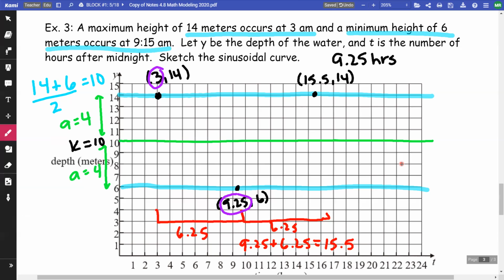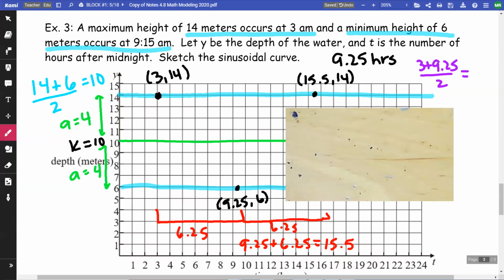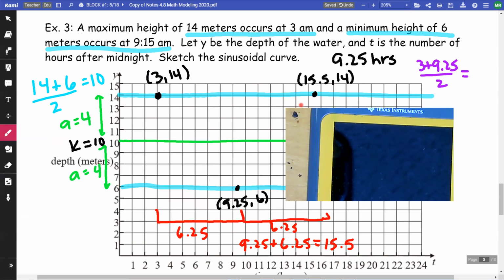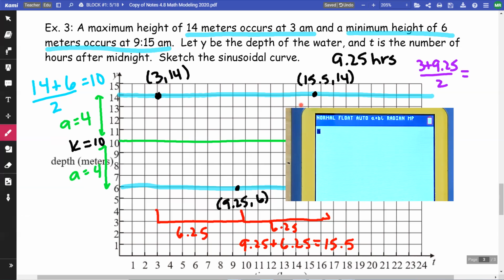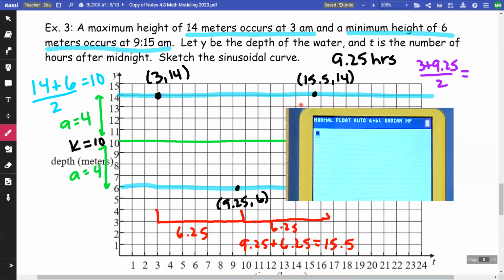So 3 plus 9.25 divided by 2, and I get 6.125.